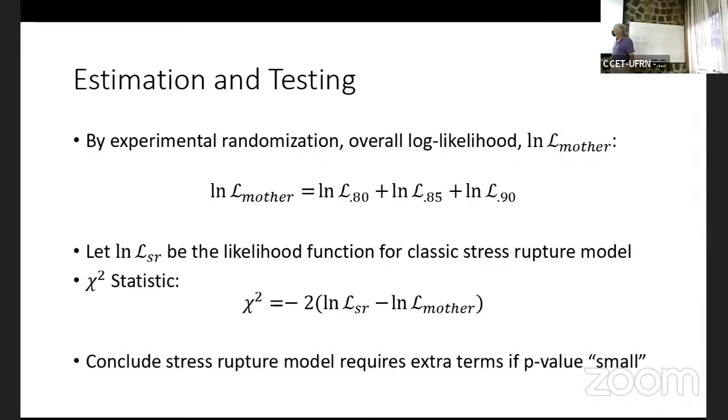And by the way, the stress rupture model has more information about the nature of the relationship. So we would conclude we need a mother model if the p-value is small. If it's large, then we are accepting that we should go with the stress rupture model. Okay? Basic log likelihood, and next slide.